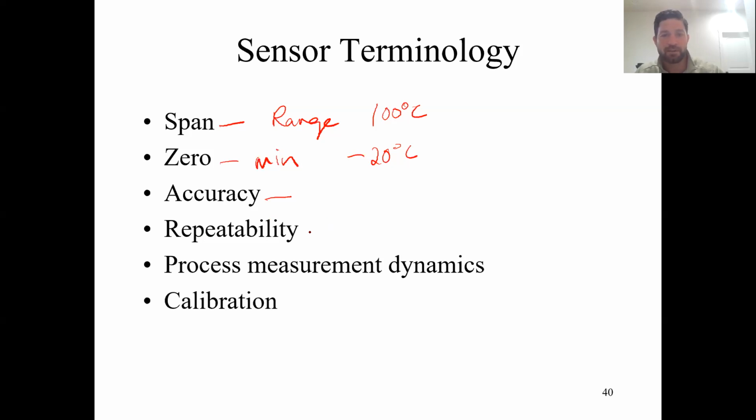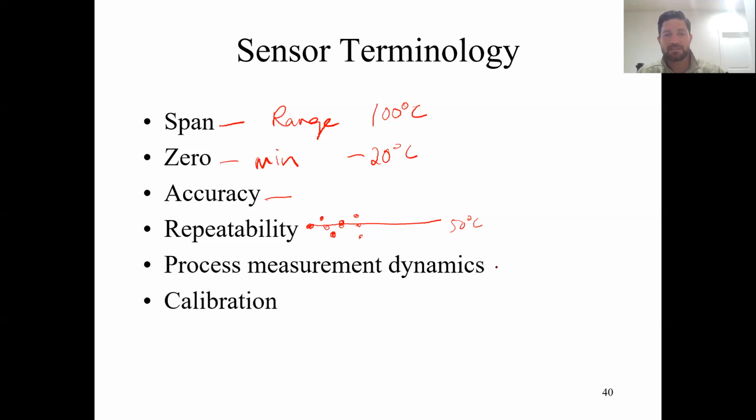Later, we'll look at filtering. Repeatability is essentially how close the sensor gives us to the same measurement. So if we know that the system is at 50 degrees C and it doesn't change, the sensor is not going to say exactly 50 every time. It might say 50, it might say 50.1, it might say 49.7. So repeatability is like the variation around the true measurement.